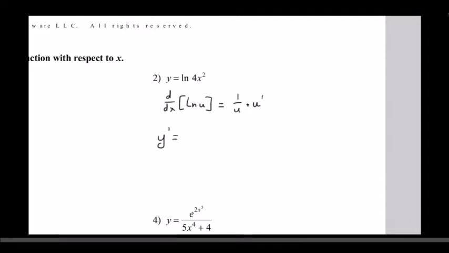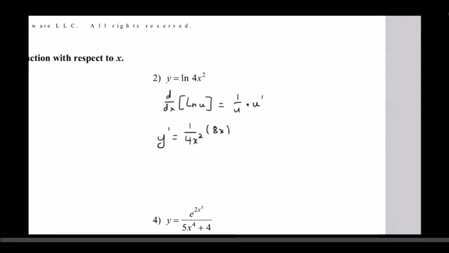Now this expression right here, the 4x squared, is like u, so this is the natural log of u. According to this rule, the derivative of natural log of u is 1 over u, in this case 1 over 4x squared. Now we need the u prime. That's going to be 8x.